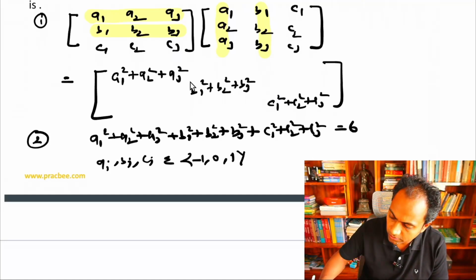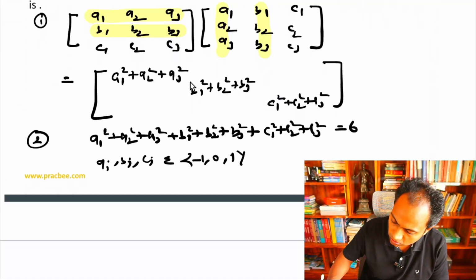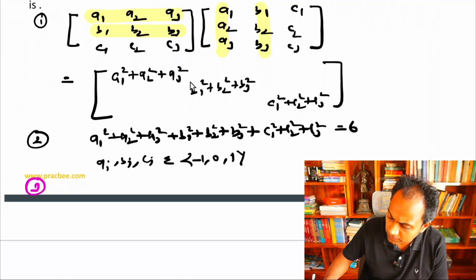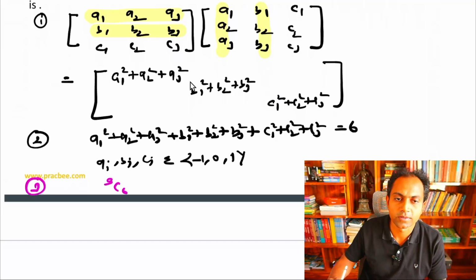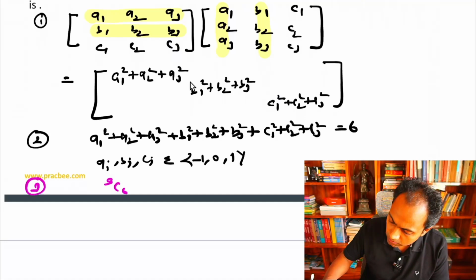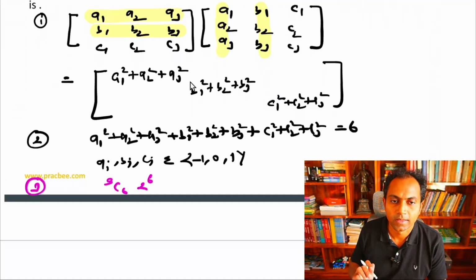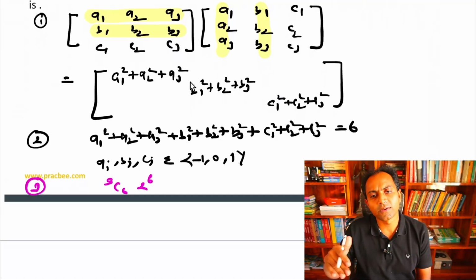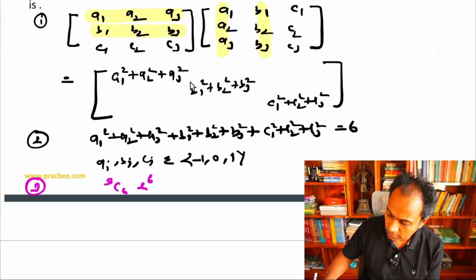So what we can do very simply in the third part of this question is, out of these 9 elements, choose any 6 elements. These can either have value -1 or 1, so each of them can be assigned two values, giving 2 raised to the power 6. This will become our answer, and the remaining 3 will by default become 0. Now we need to calculate this value.